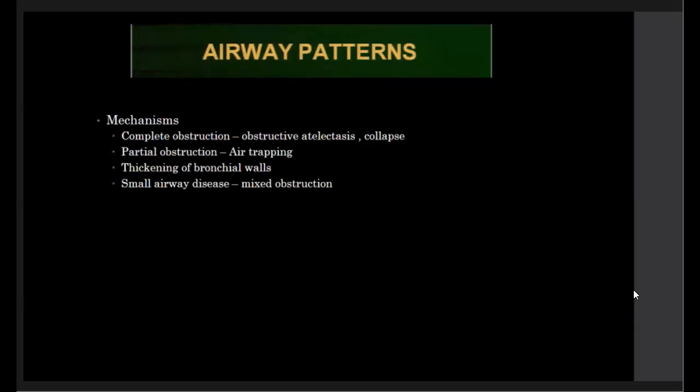The airway patterns can be complete obstruction, as we said: obstructive atelectasis, collapse, or partial obstruction, air trapping. Thickening of the wall is another mechanism, and small airway disease is mixed obstruction. An airway pattern can occur in the small or large airways.